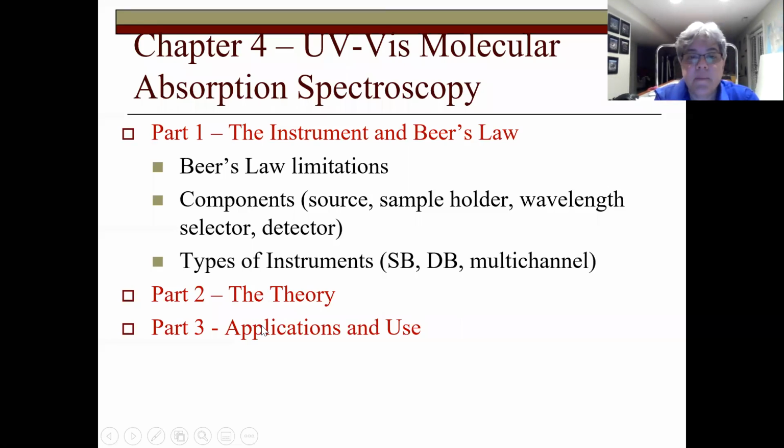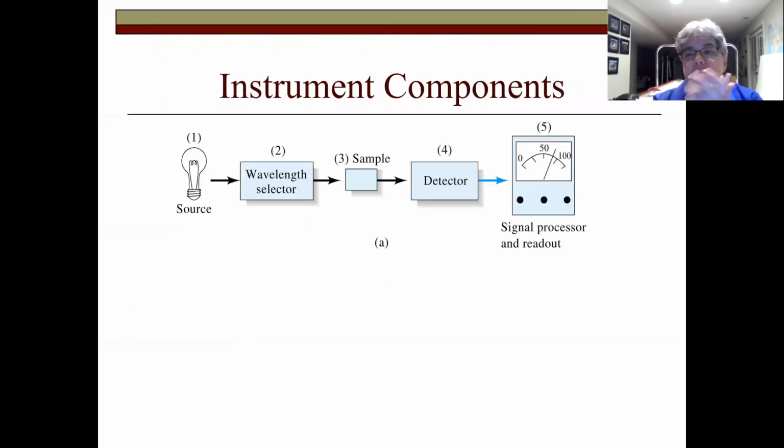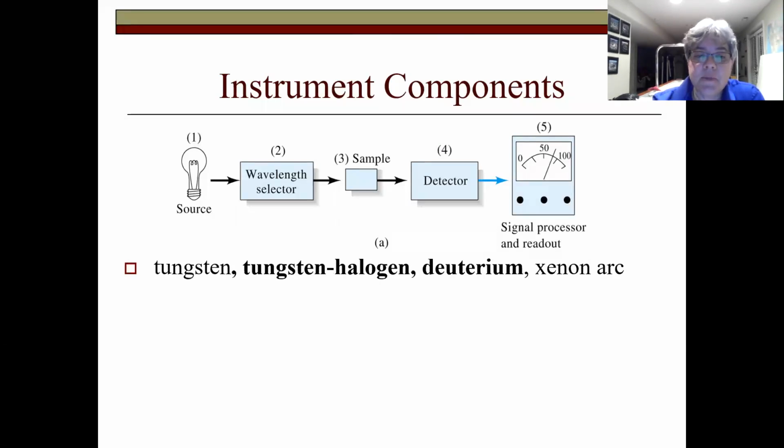So last time when we looked at the components, remember all spectroscopy instruments have these same basic parts. So the first one's the light source. And remember, we talked about those last time. So you should now know the names of these light sources.